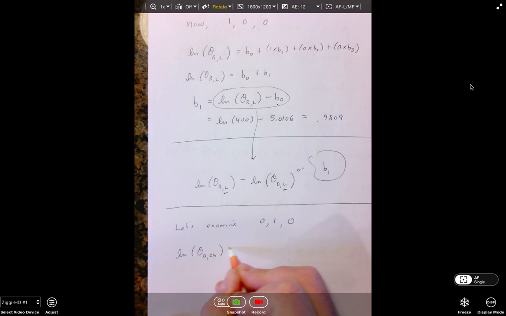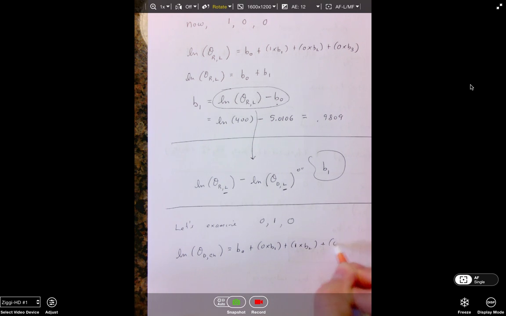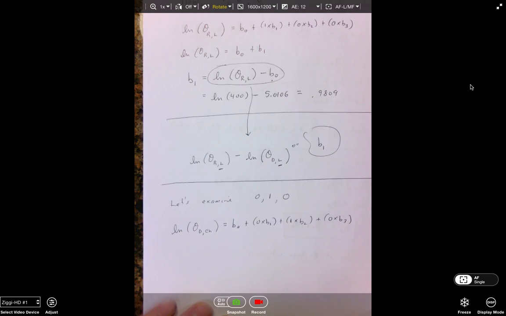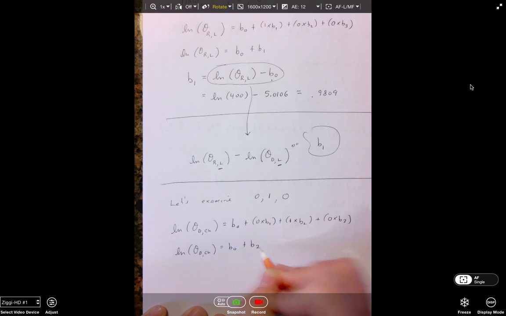So this is going to be beta 0 plus 0 times beta 1 plus 1 times beta 2 plus 0 times beta 3. So guys, at the end of the day, we'll get that the natural log of the observed value when a Democrat is pro-choice is beta 0 plus beta 2.